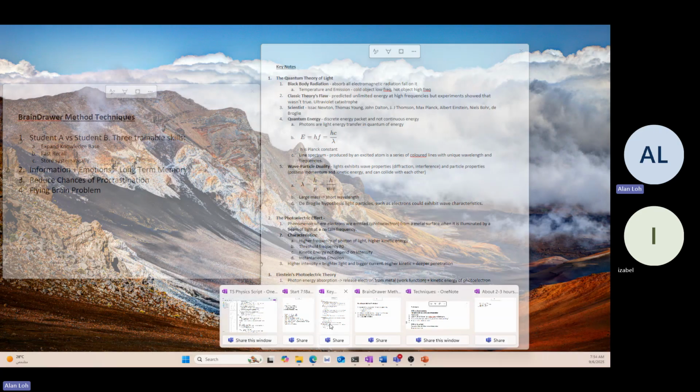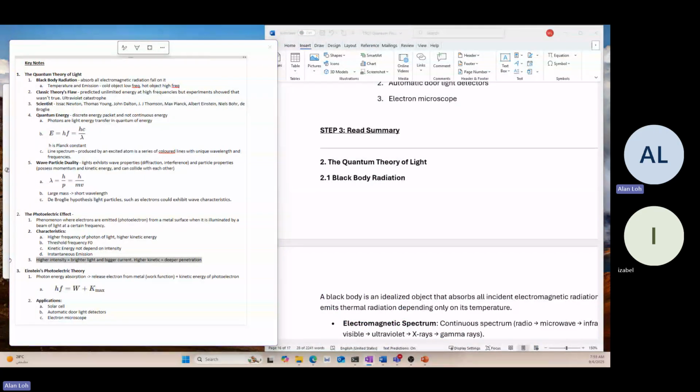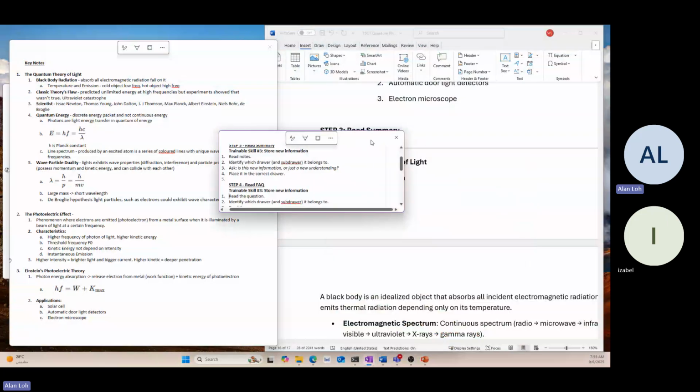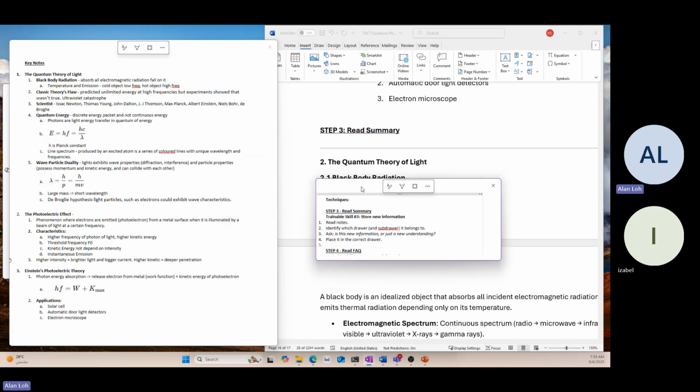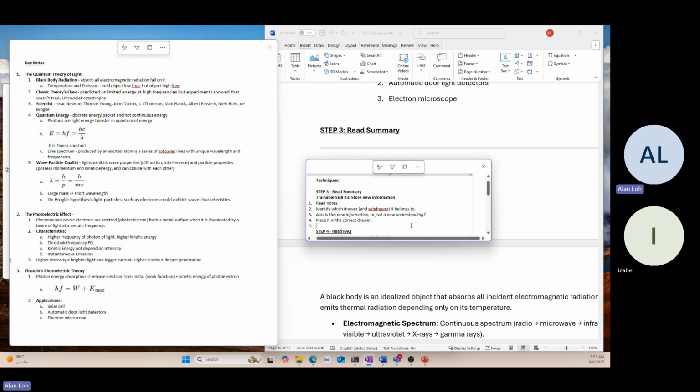The techniques, how do you read this? Let me pull this out. Okay, let's focus on this small window. Let me overlap here. I'll put it over here. And let me pull this out here.